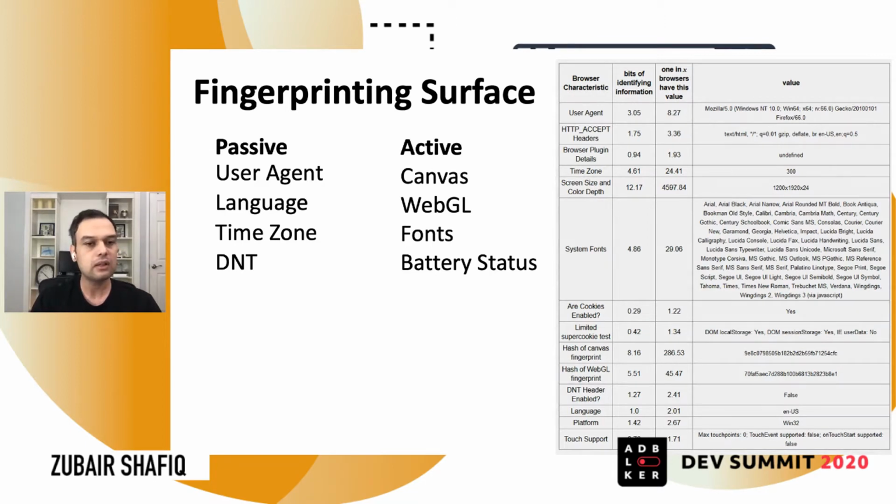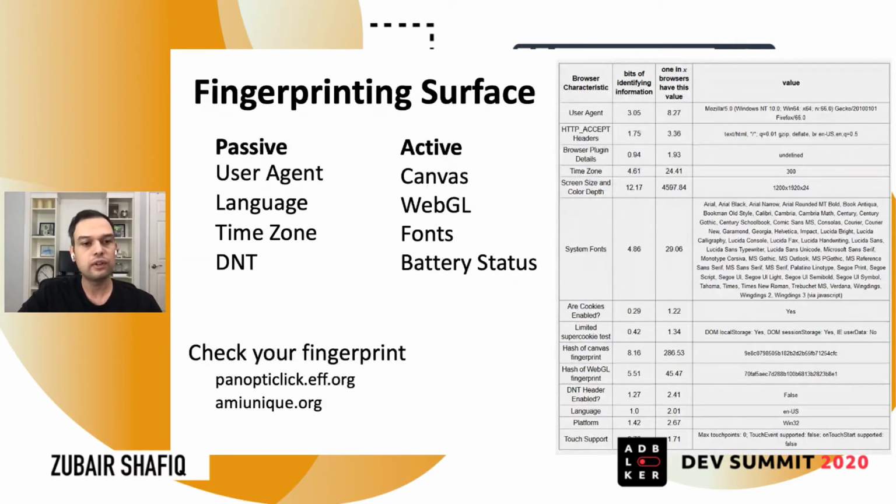The typical set of APIs exploited for browser fingerprinting include things like fonts, canvas, WebGL, and so on. You can figure out what your browser or device fingerprint is by using one of these services, and you will see a complete breakdown of the different pieces of distinguishing information that your browser is leaking that might be exploited to construct a fingerprint.